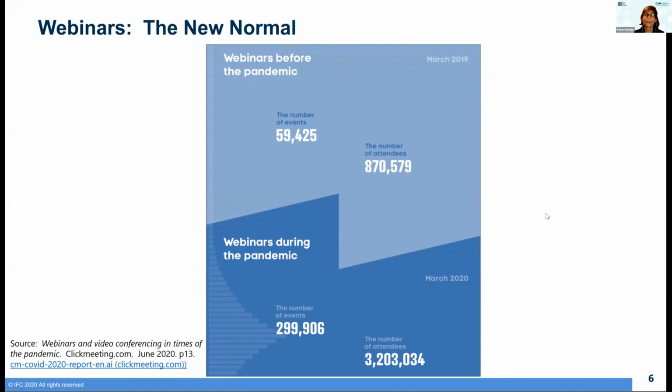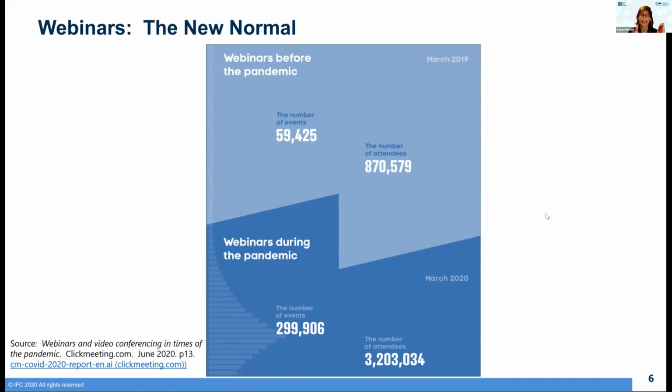According to a study done by one web conferencing company known as ClickMeeting, it saw a 4-fold increase in the number of webinars scheduled through its site from March 2019 to March 2020. By March of 2021, 1 year later, they had over 3.2 million people who had attended webinars through their platform.